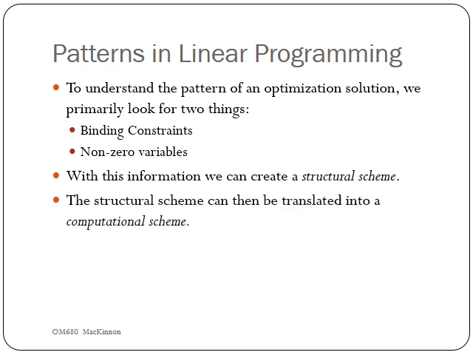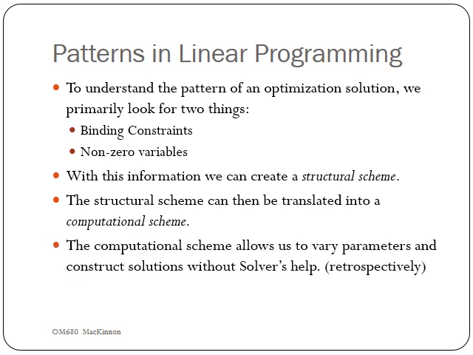And then we can translate the structural scheme into a computational scheme. This allows us to vary the parameters and construct solutions without Solver's help retrospectively. By that I mean we have to run Solver and get a solution first before we can look for a pattern. It sounds a little bit crazy, but hopefully you'll see the value in it.